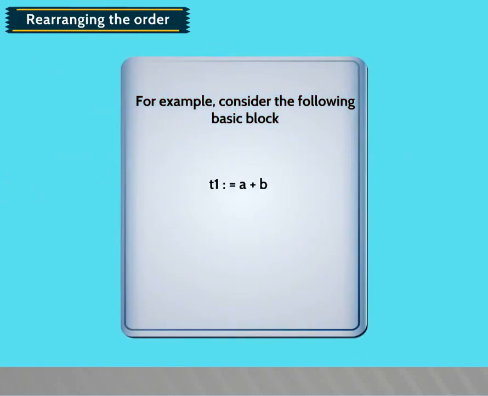T1 = A + B, T2 = C + D, T3 = E - T2, T4 = T1 - T3.